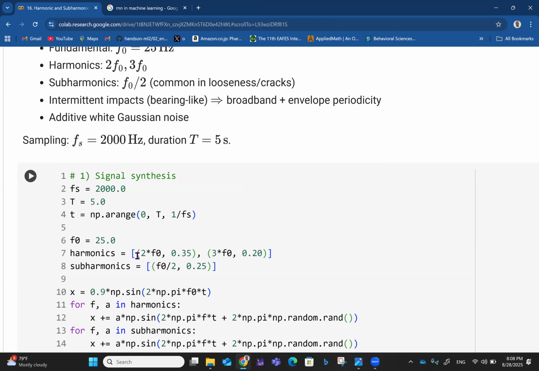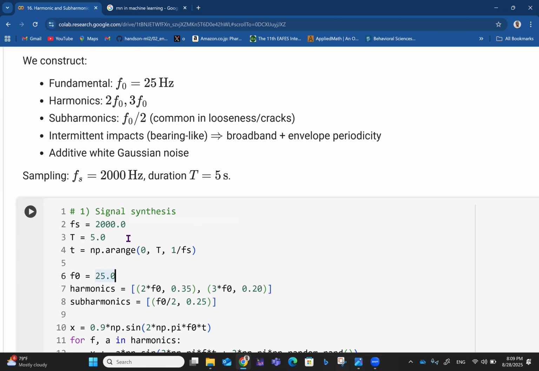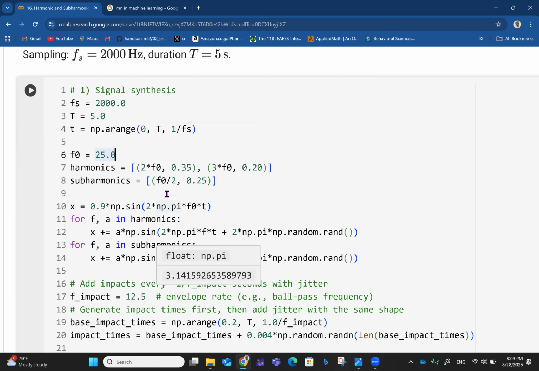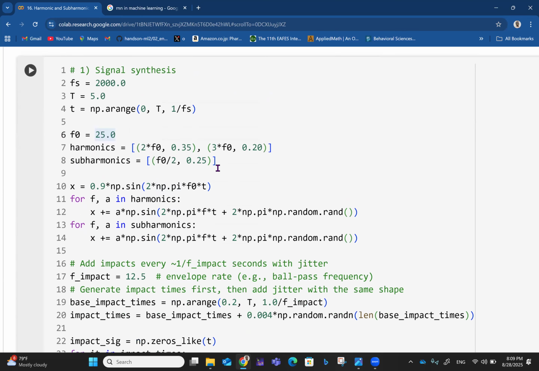Then the fundamental frequency is 25 hertz. The harmonics are 2 times f naught with amplitude 0.35, and 3 times f naught with amplitude 0.220. And for subharmonics, you have f naught over 2, with amplitude 0.25.